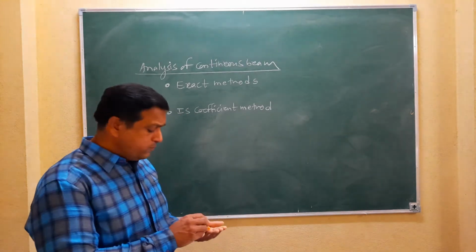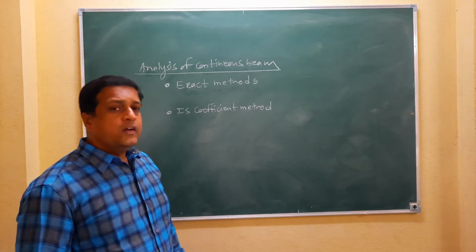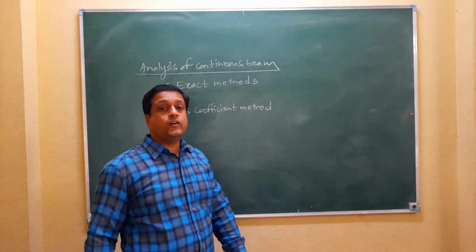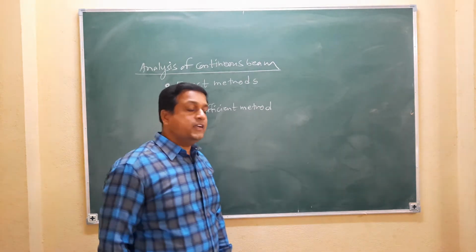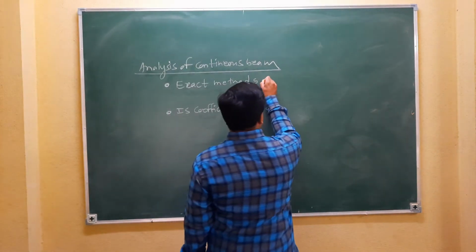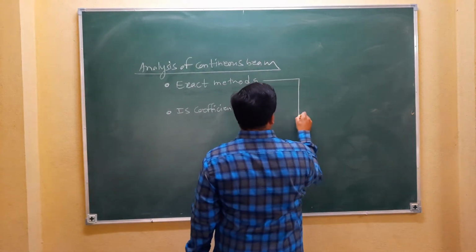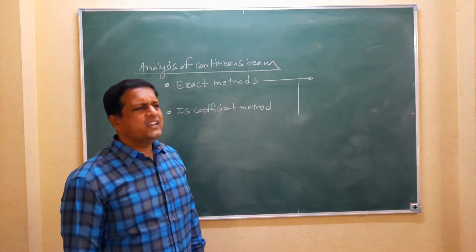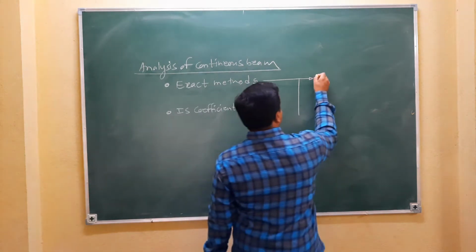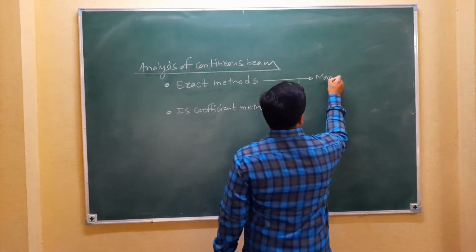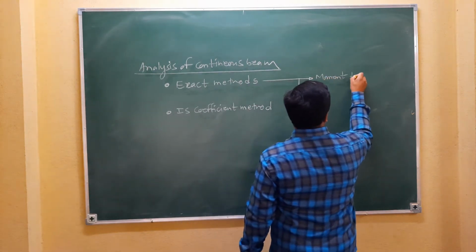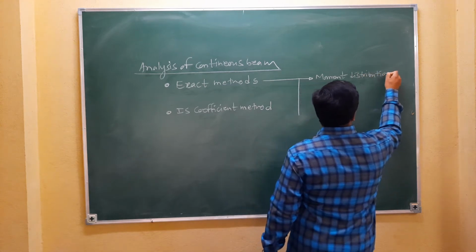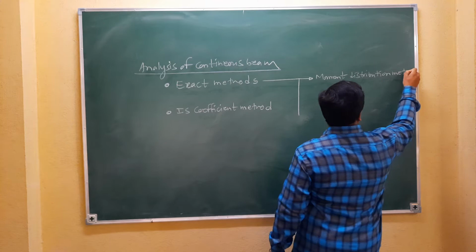Now I am going to tell you exactly which exact methods you have to adopt for the analysis of a continuous beam. In the exact method, the first typical and easiest method is the moment distribution method.